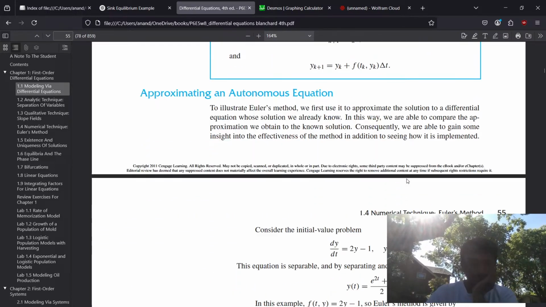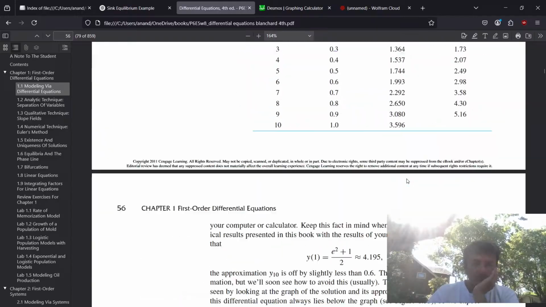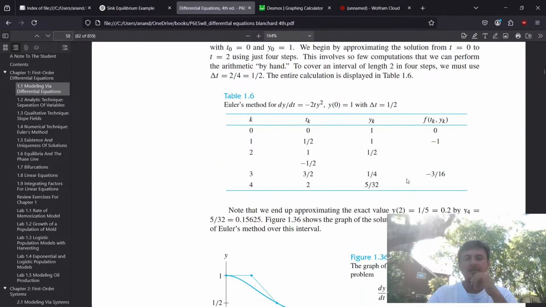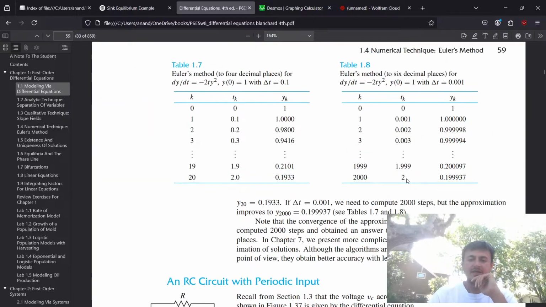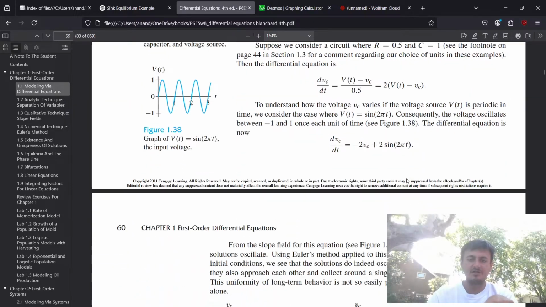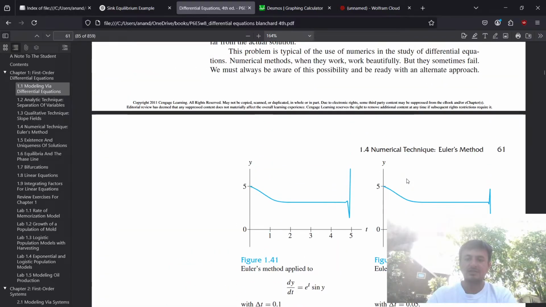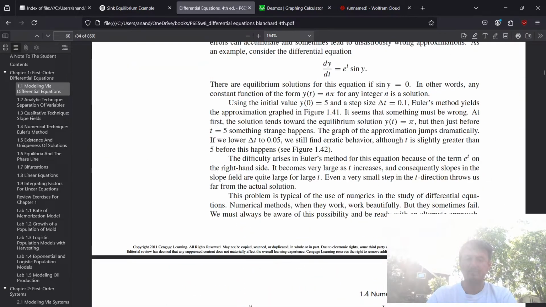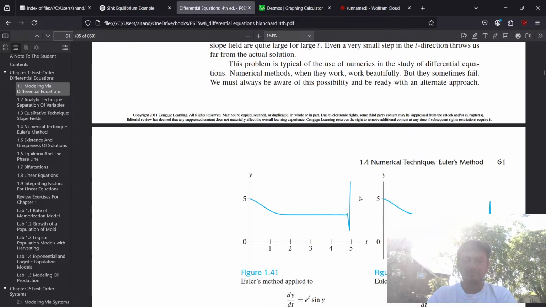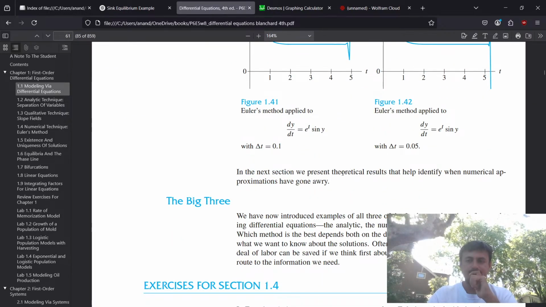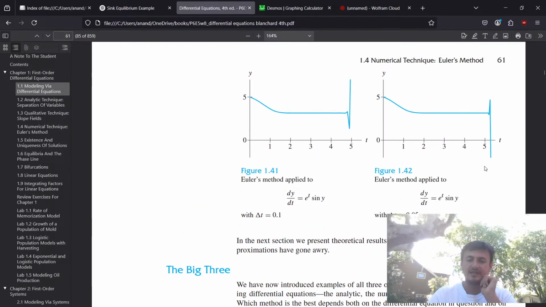Okay, and then they show solving a bunch of things, and then how it converges. And then it shows, look, things can go wrong when slopes get really big. And I think they show an example.